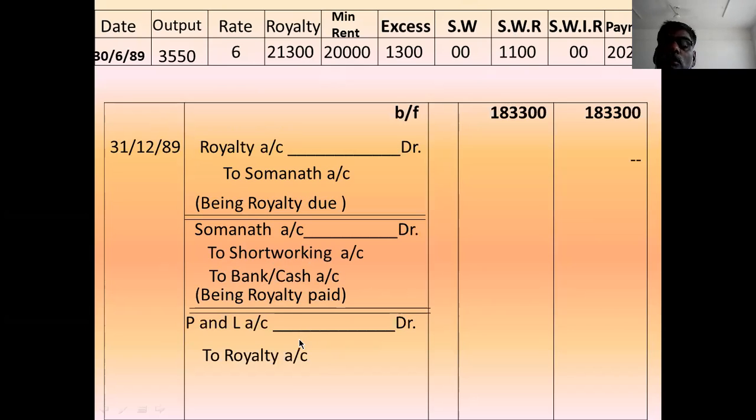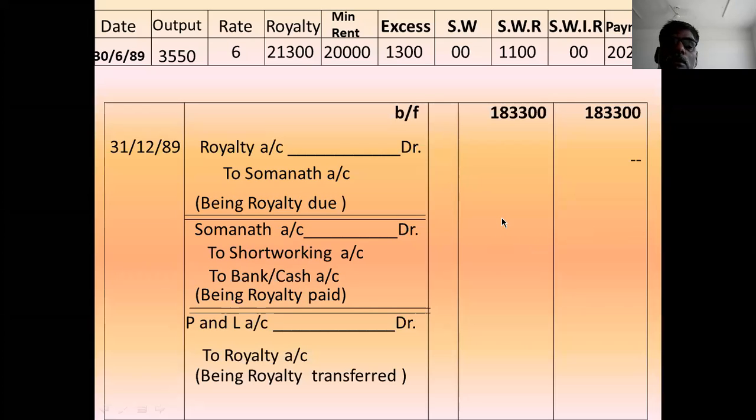Third entry, sorry, P&L account debtor to royalty account. Here no short working because there is no amount. These are the three entries.